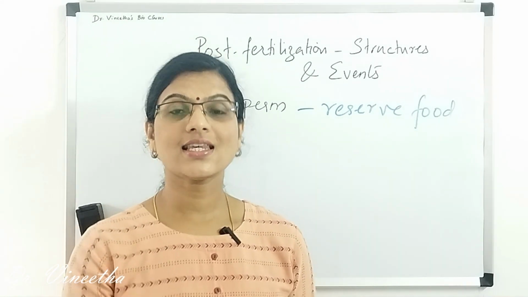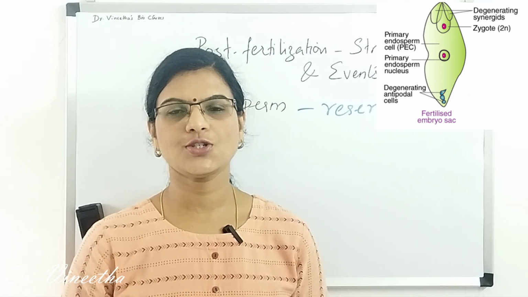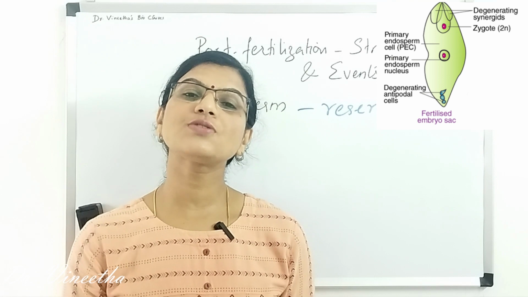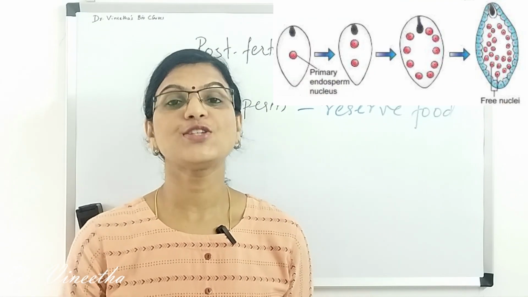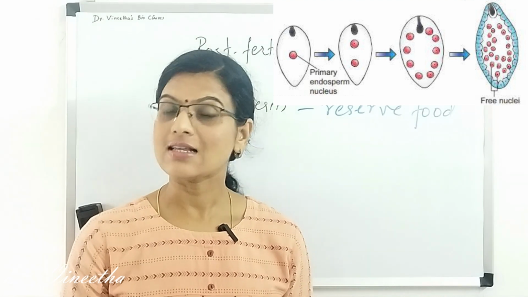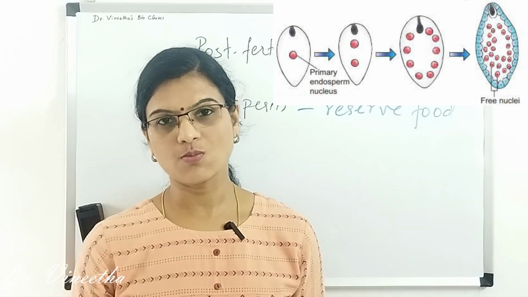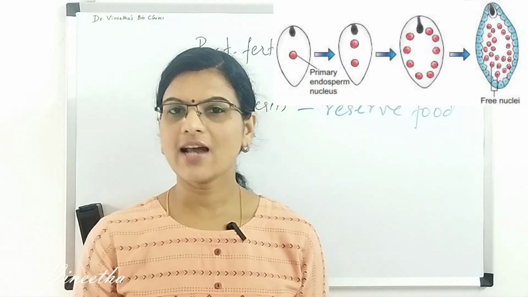Okay. And speaking about the nucleus in the primary endosperm tissue, that is the primary endosperm nucleus, it undergoes free nuclear division. It undergoes repeated division, and as a result several free nuclei will be formed, and this will be called the free nuclear endosperm.